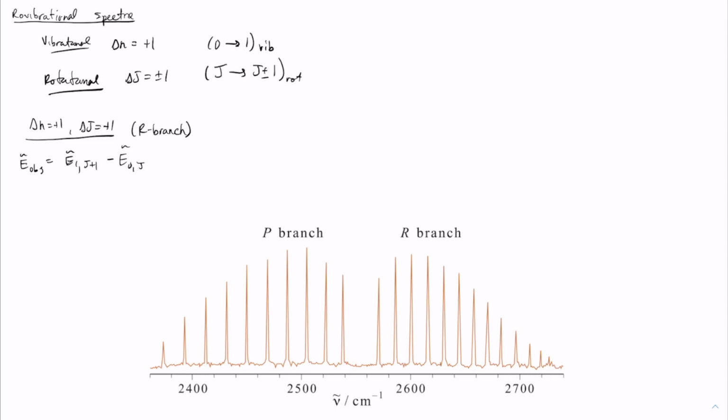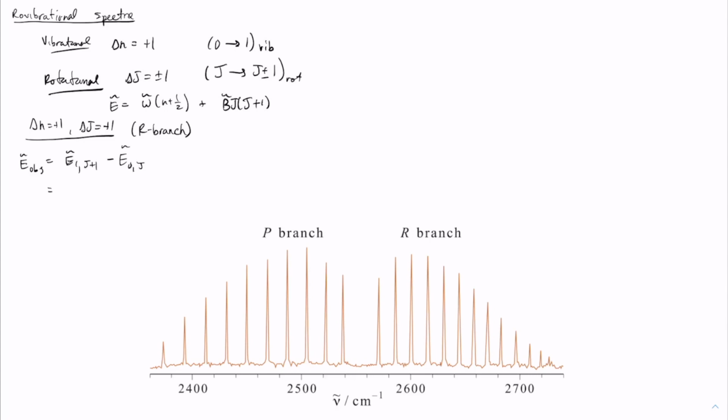And now if we plug in our values for E tilde, using the fact that E tilde here will be omega tilde times n plus 1/2, plus B tilde times j plus 1 times j.